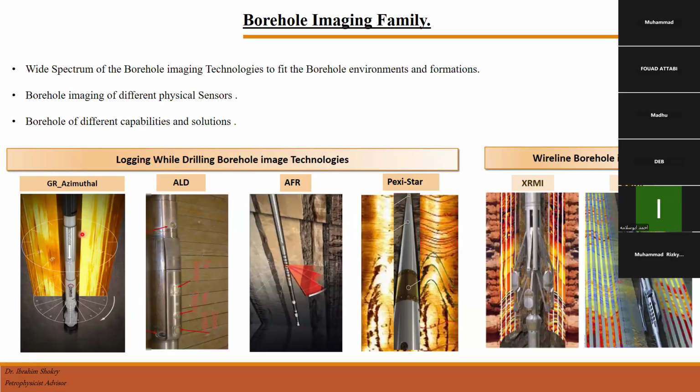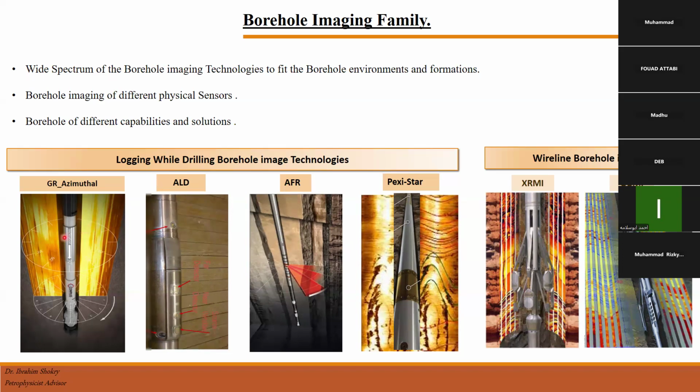So the first azimuthal tool, which is the gamma ray tool, can capture gamma ray, a 360 tool around the borehole. But the tool limitation of this is that it is not effective in carbonates, for example, due to low variation in gamma ray response.